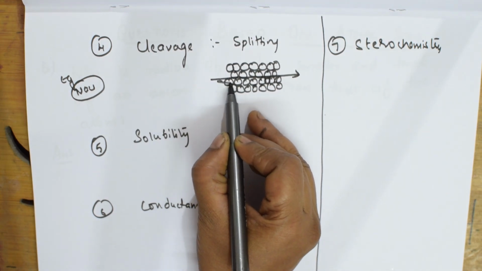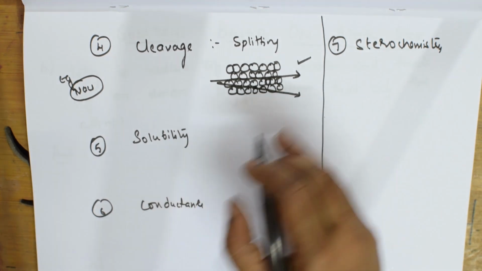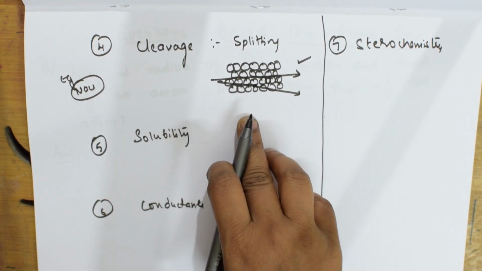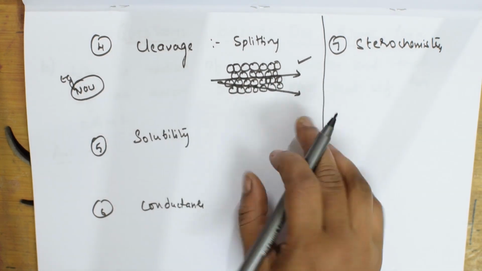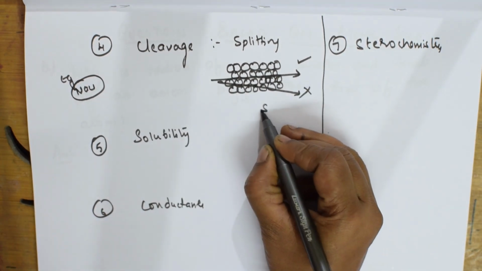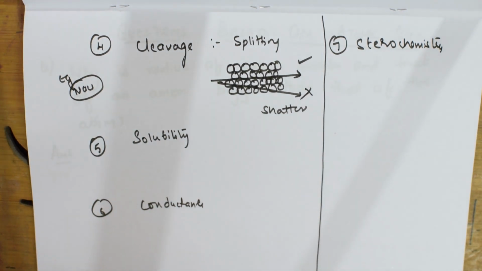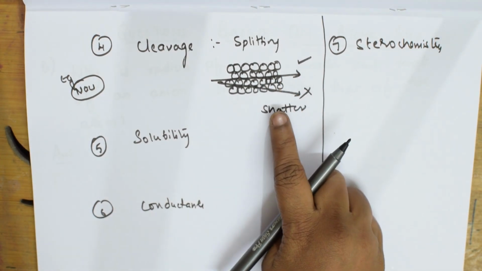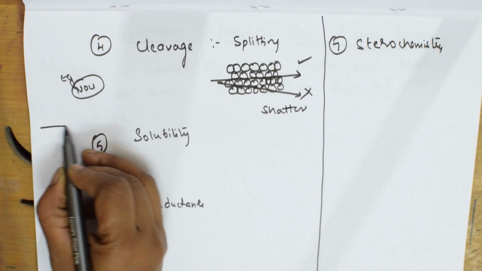Here, cleavage is possible. But when I try to cleave the crystal in a way that is not parallel, it will immediately shatter the whole crystal. Here cleavage is possible, here it is not. Understood, students? It will shatter if you go like this.